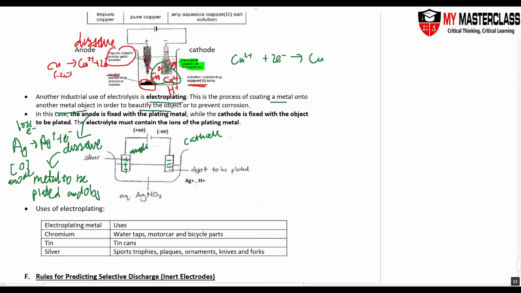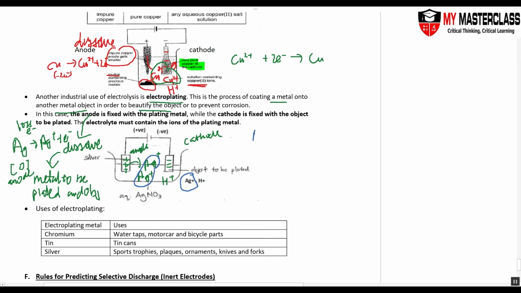Let's look at the ions inside again. Because you have silver nitrate solution, you have the silver that comes from the electrode, the silver already inside the electrolyte, and the H+. Which one do we circle? We circle the silver ions because they are lower in the electrochemical series.